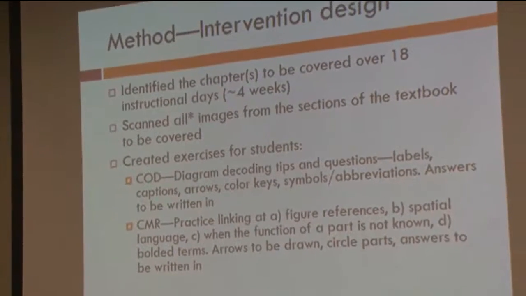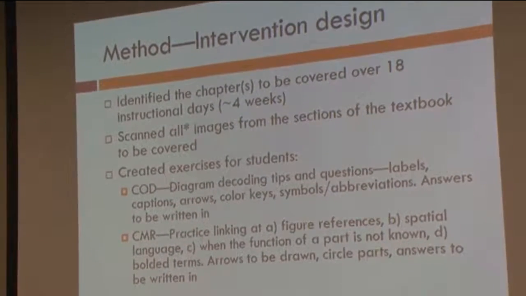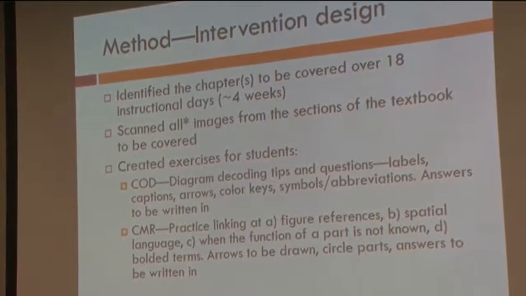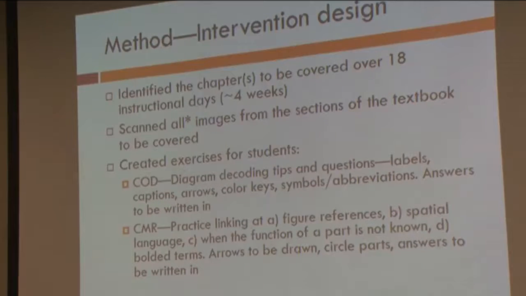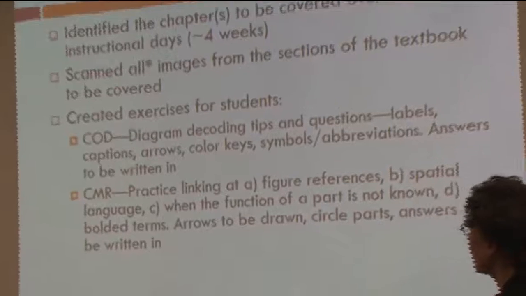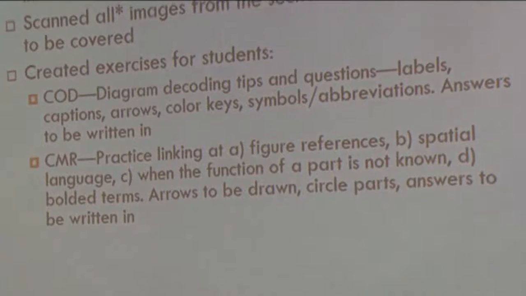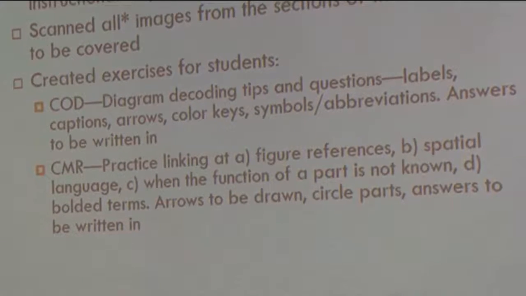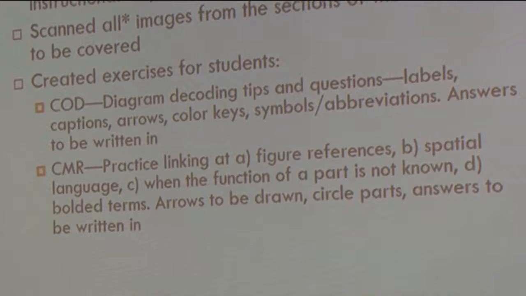So we basically built this around what they were covering in their textbook. We scanned almost all the images from the textbook and created the exercises. The two different conditions we put them in were this conventions of diagrams condition, which we embedded as what we call diagram decoding tips, and then questions for the students to answer.